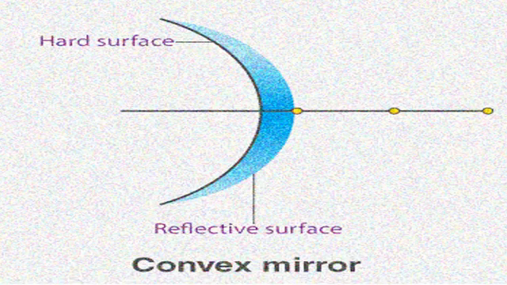Now, in that curved mirror, if we polish the inner surface, then automatically the outer surface acts as the reflective surface. Such mirrors are called convex mirrors. Here, the inner surface is polished and the outer surface acts as the reflective surface.